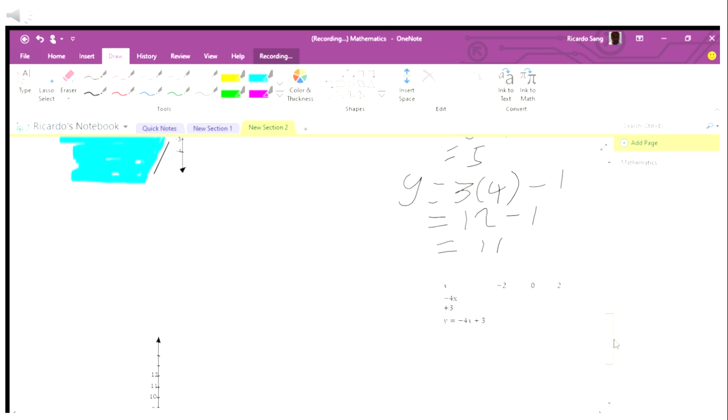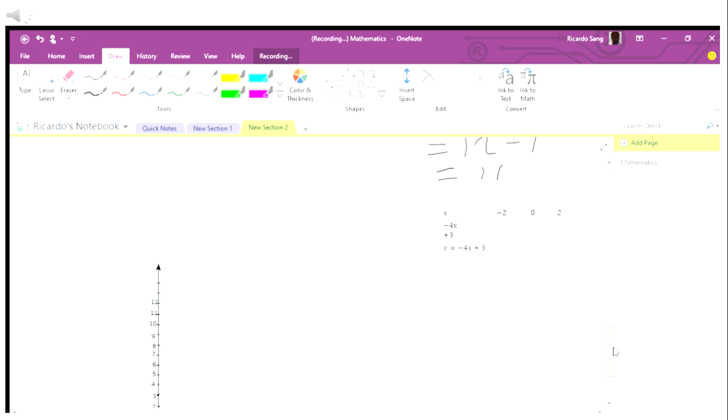So let's look at the other graph. So this graph now, we want to use the x value.